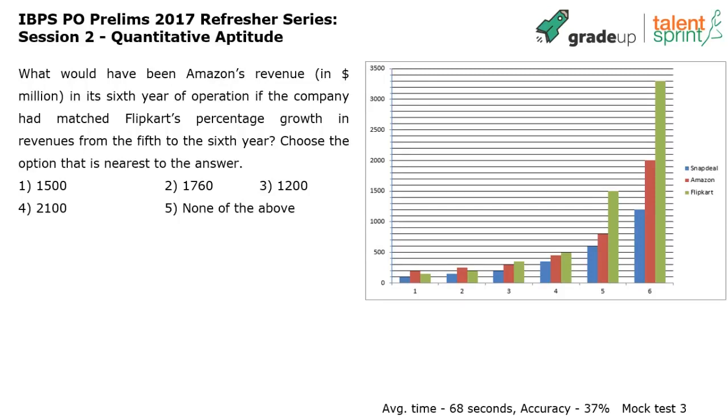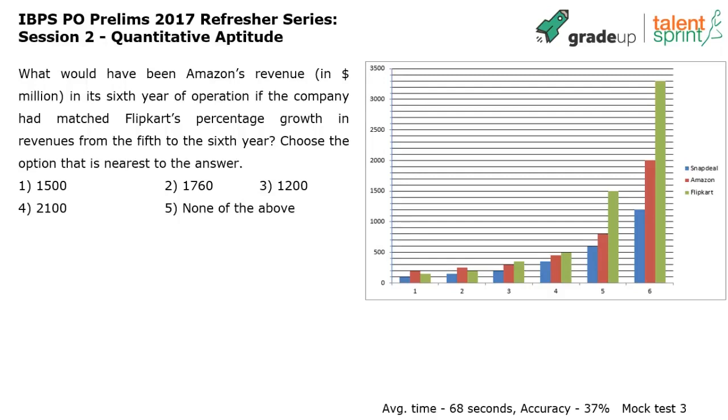He says it should be option 1, 1500. Rohit Jain has got 4 by 5. What do you mean by 4 by 5? Answer has to be in millions of dollars, right? What is 4 by 5? $1760. Puneet has got 1760, and so has Hitesh, 1760.